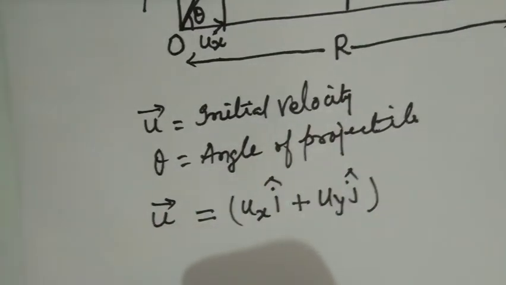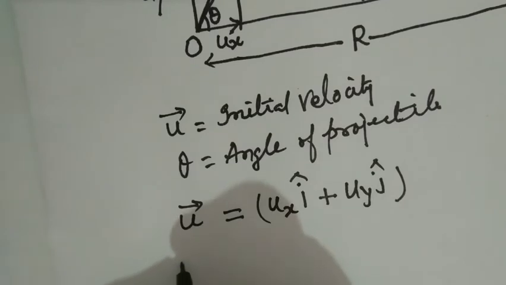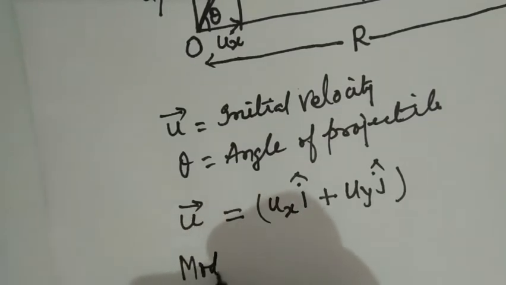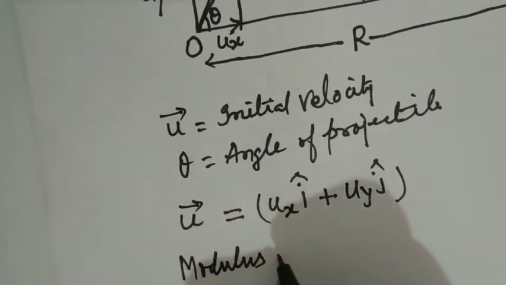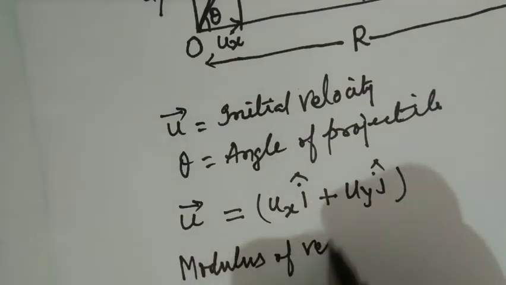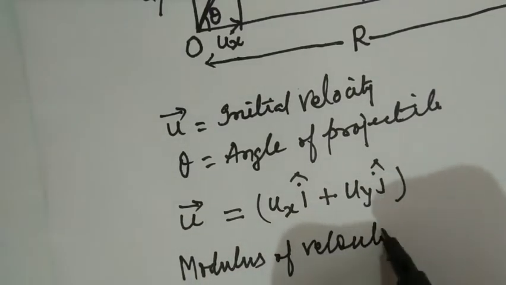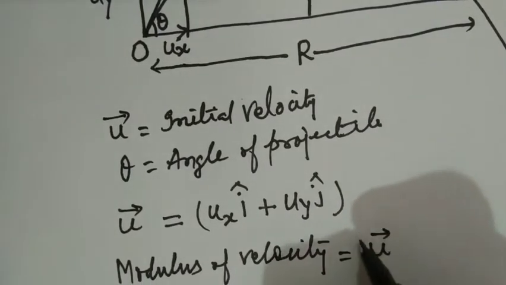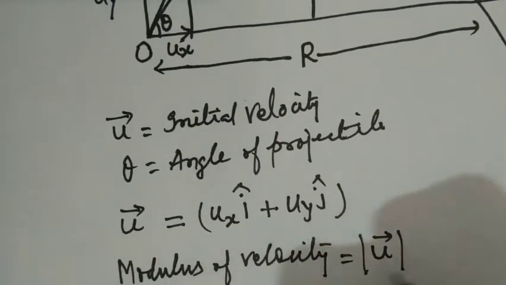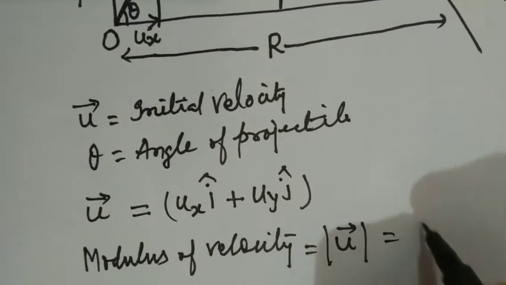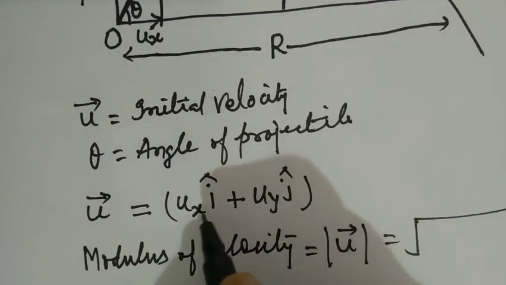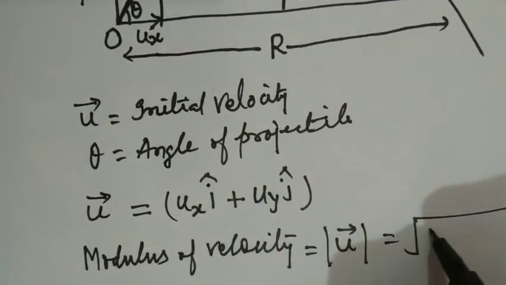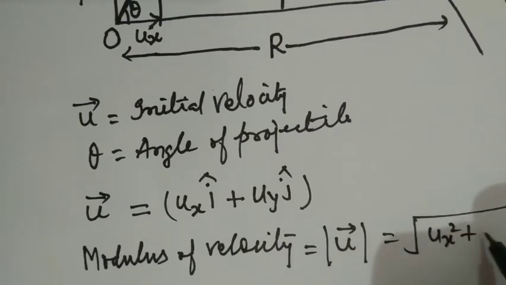So what is the magnitude or modulus of the initial velocity? You can write simply the modulus of u, that is the magnitude, as the square root of ux square plus uy square.